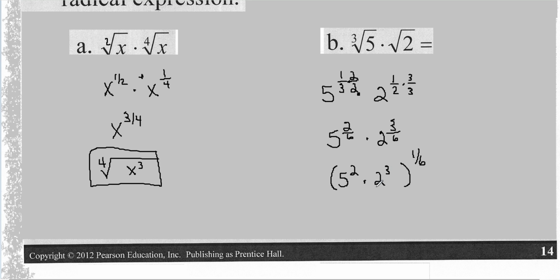Now the power rule allows me going back this way, which would be an equivalent expression. So look what I got: 5 to the 2nd power, which is 25, times 2 to the 3rd power, which is 8. So I end up with this being 200 inside.